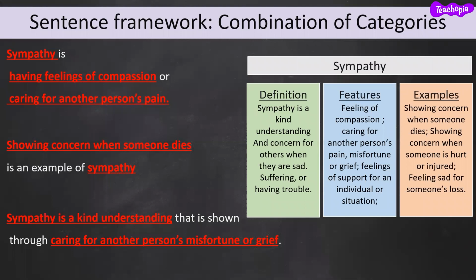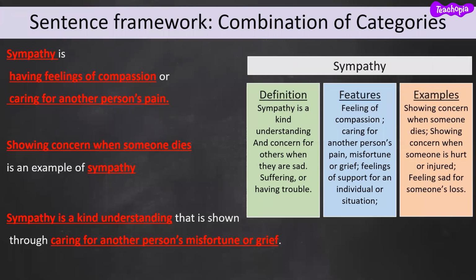So the first sentence is, sympathy is having feelings of compassion or caring for another person's pain. This is from the definition category and the features. The second sentence is, showing concern when someone dies is an example of sympathy. This sentence is a combination of examples and definition category.